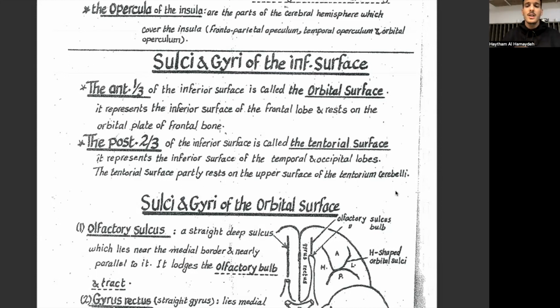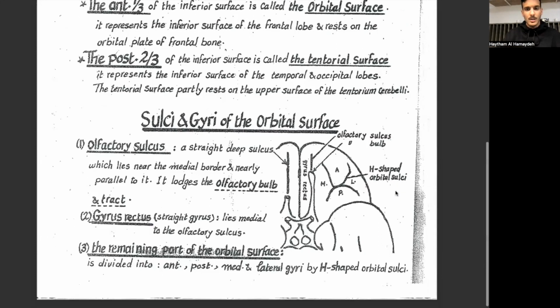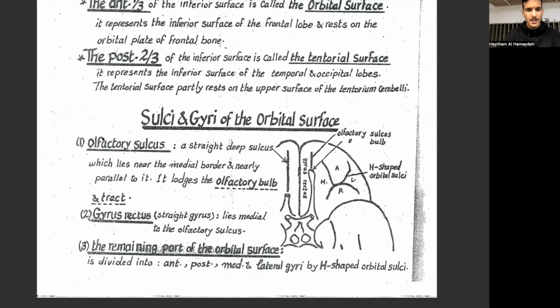So this is another part of the dura mater that separates compartments of the brain into different structures. When you study the dura mater, you will study the falx cerebri, falx cerebelli, and then the tentorium cerebelli. Okay, sulci and gyri of the orbital surface: you have the olfactory sulcus, a straight deep sulcus which lies near the medial border and nearly parallel to it.